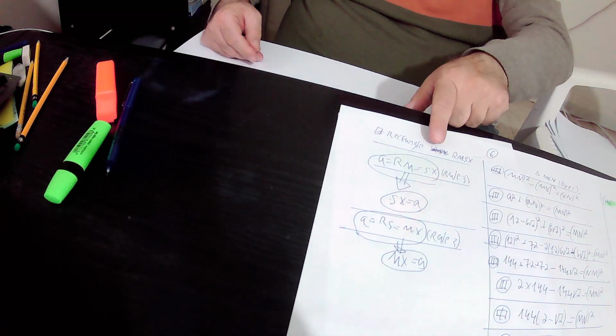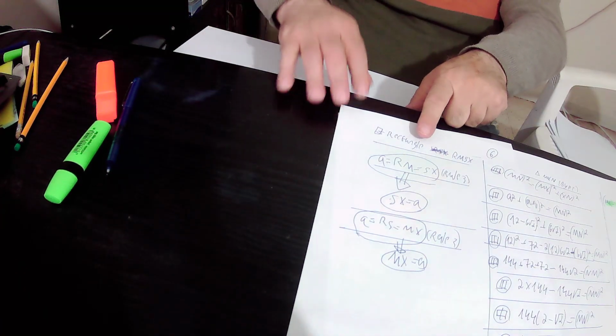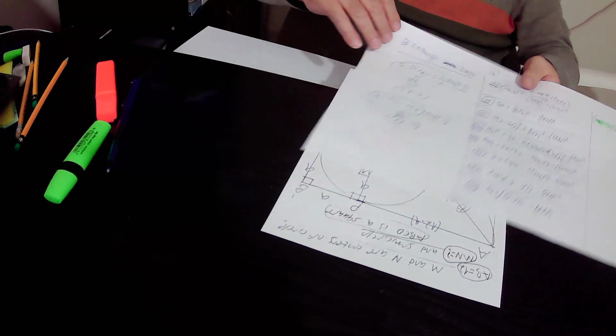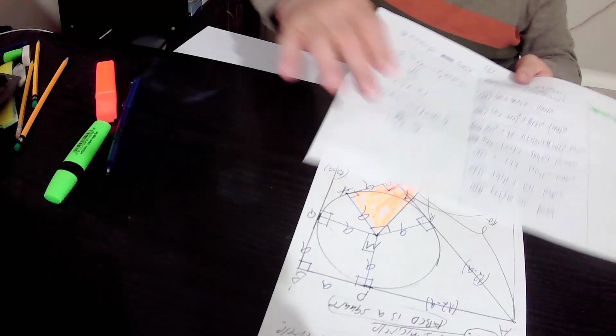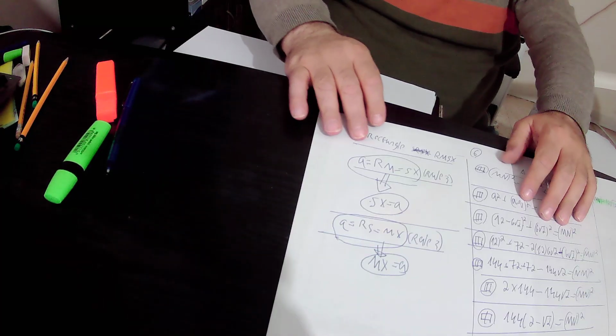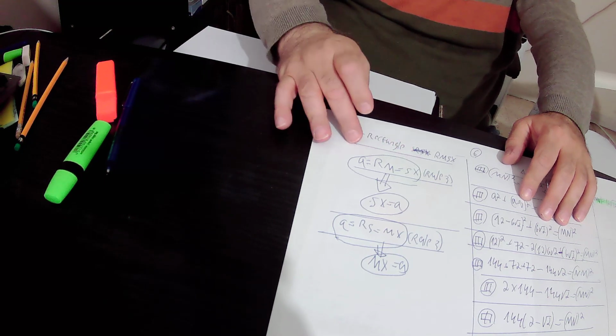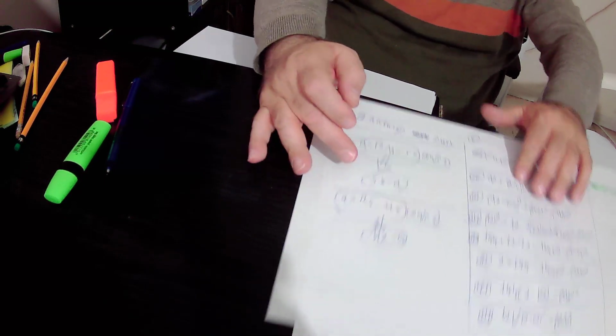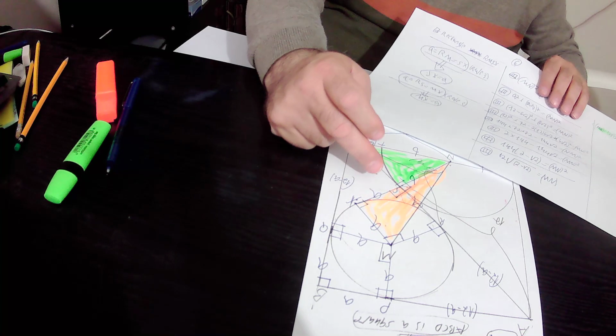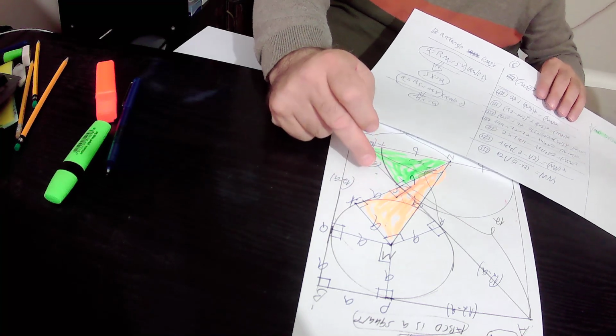But we know that RM is the radius of the circle, that is to say it equals A. So from A equals RM equals SX, we derive that SX is also equal to A.